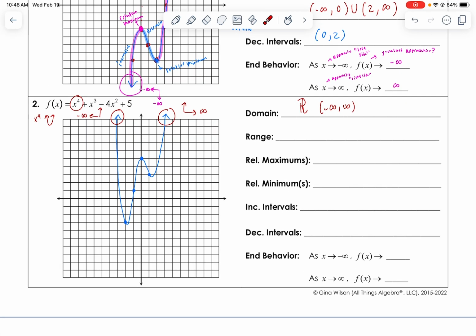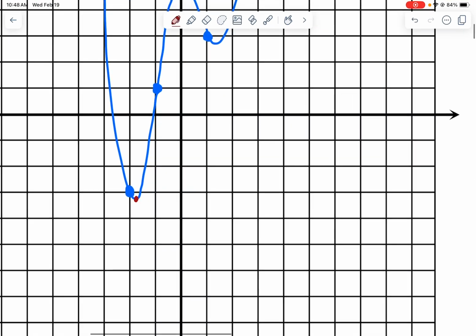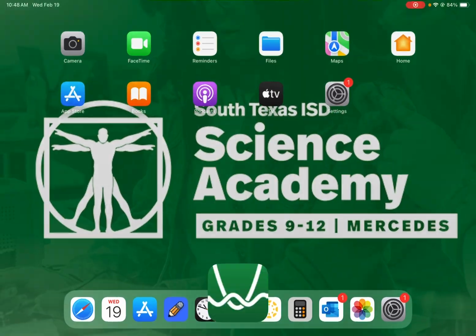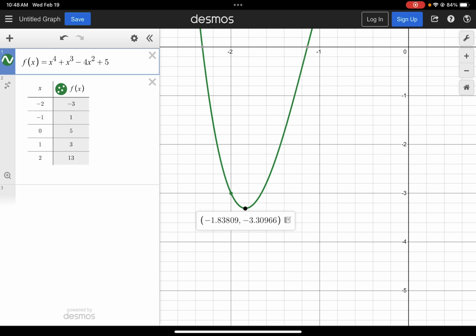For range, we think about the lowest y value. Here you got to be real careful. If you look at this graph, the lowest y value is actually located right here at this point. And that point, once again, we can go back to Desmos and look at. That lowest point would be right here. It tells us it's (-1.83, -3.3). So once again, if you ever get decimals, I want you to round to 2 decimal places. But here, the y value is -3.30966.